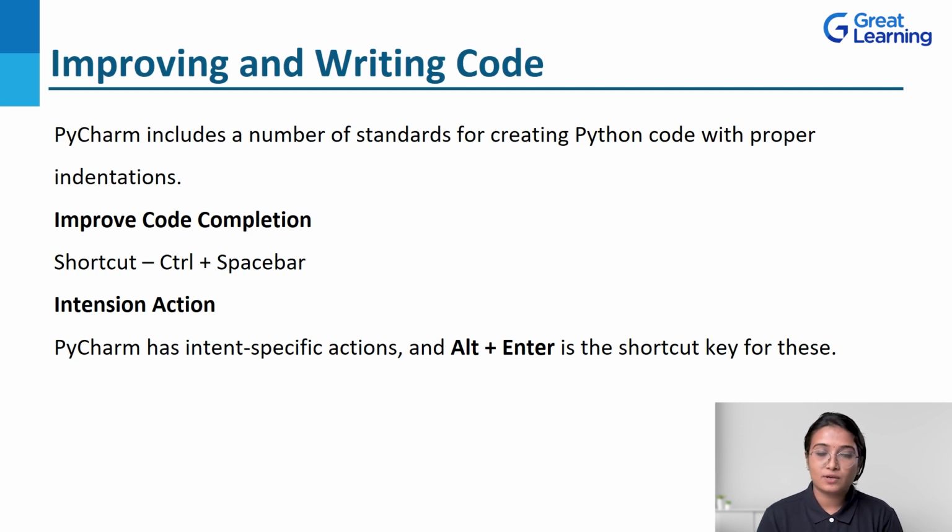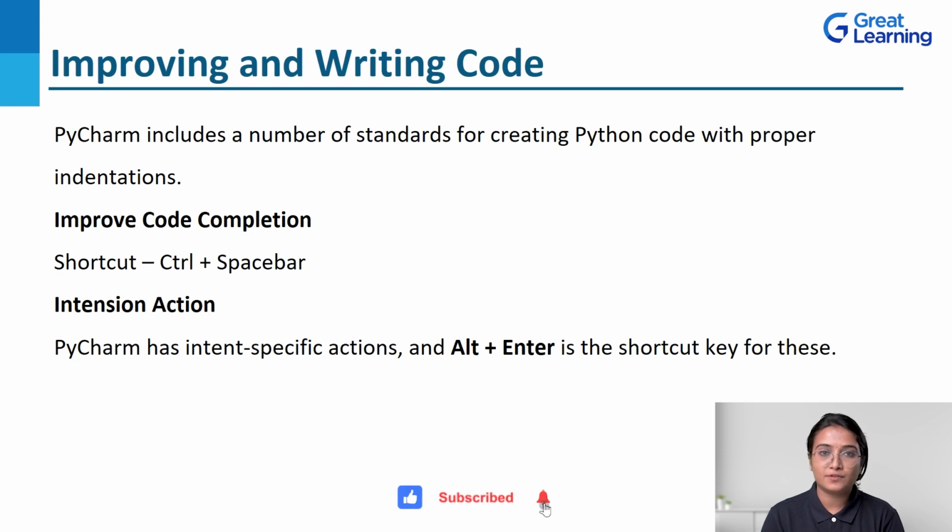So the first thing you have to know is improve code completion. So code completion is an option which is there in Pycharm. Just like other IDEs, for example, Visual Studio, they have an auto intelligence process. So what happens in auto intelligence? If you are writing certain code in the platform, it will try to give you all the options which are available for the code which you are writing.